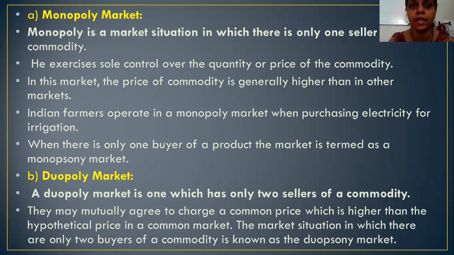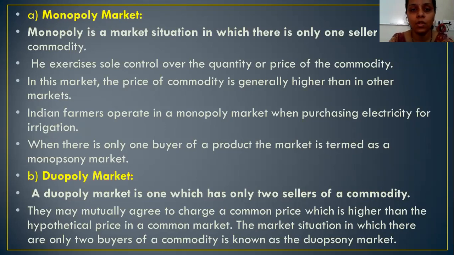He can raise the price of the commodity. Indian farmers operate in a monopoly market. I mention here an example: Indian farmers purchasing electricity for irrigation, because the electricity supplier is only one, and he can raise the price of electricity. This is also an example you can mention in the case of a monopoly market.